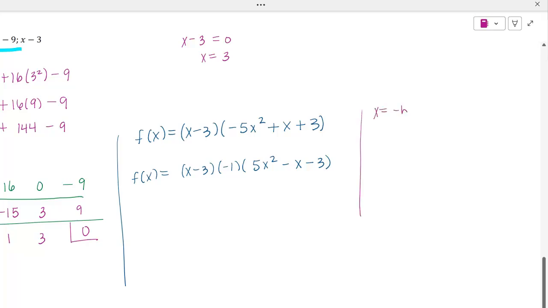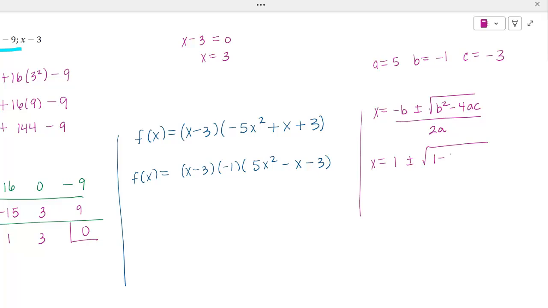x equals negative b plus or minus the square root of b squared minus 4ac all over 2 times a. For us, a is 5, b is negative 1, and c is negative 3. So negative b will be positive 1.